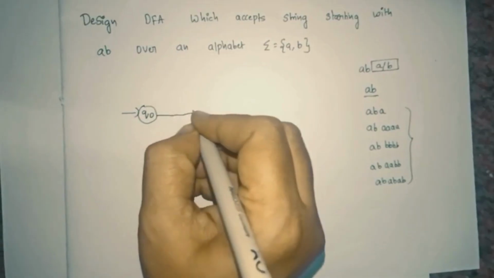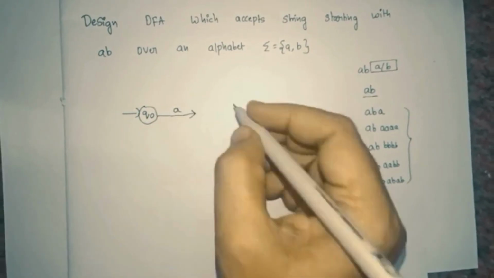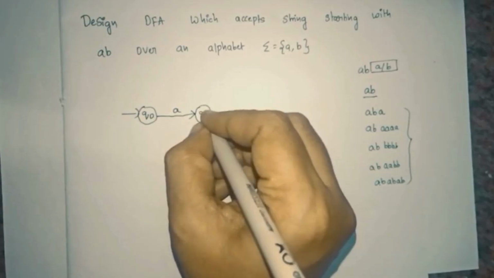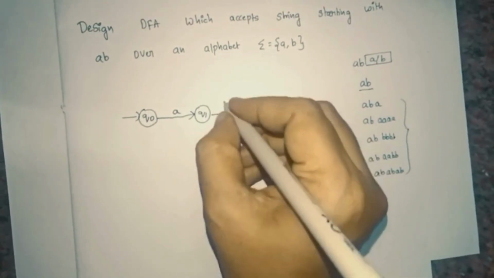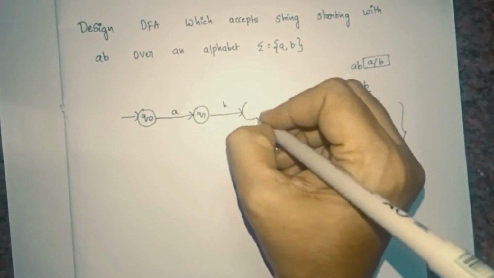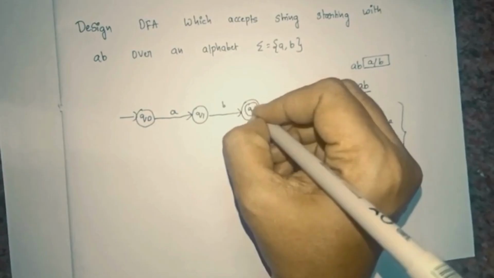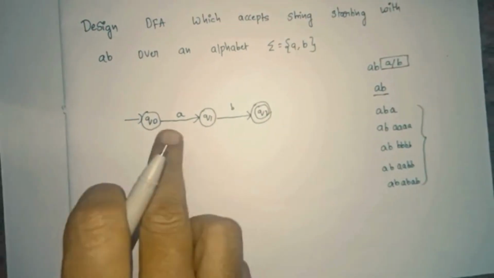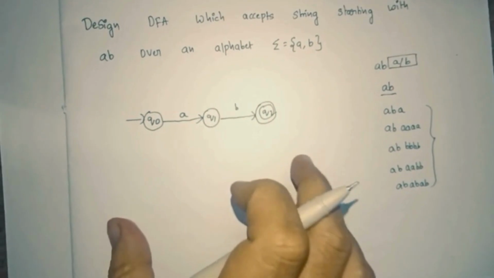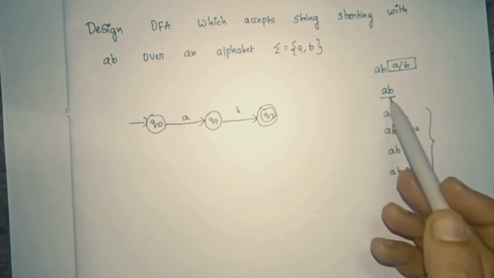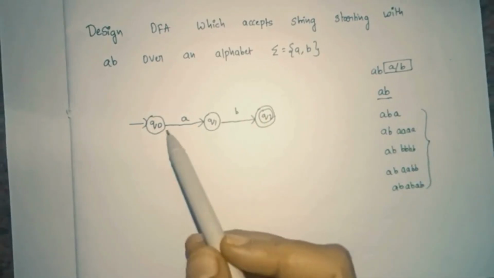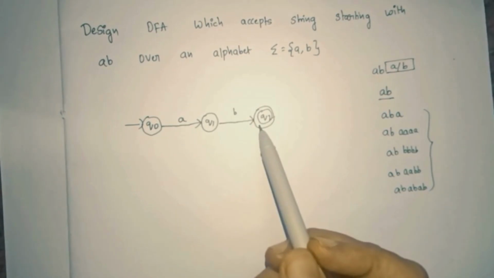On reading input symbol A, it goes to the state Q1, then Q1 on reading the input symbol B goes to the state Q2. So this is the basic finite automata we get from the basic string AB, because the starting symbols are AB. That's why we have designed a finite automata like this.